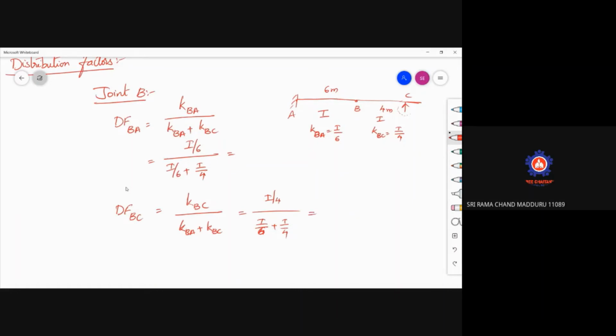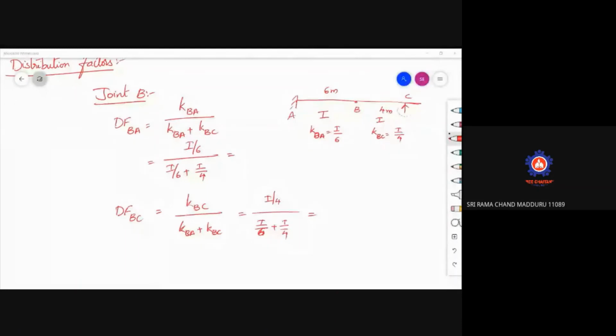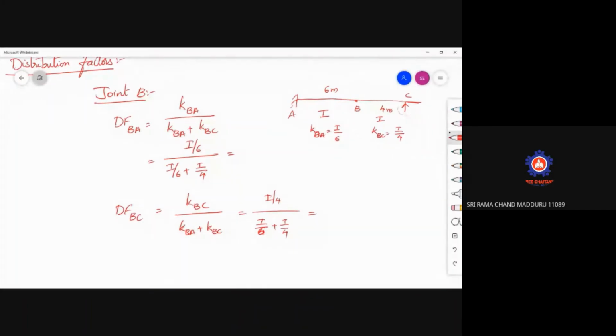So you can get the distribution factors for BA as well as BC. This is 2 by 5, that is 0.4. First one is 0.4, second one is 0.6. When you add both, DFBA plus DFBC, they make it 1. So we should remember the distribution factor at a joint is equal to 1.